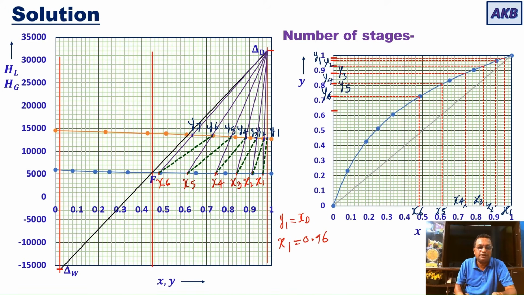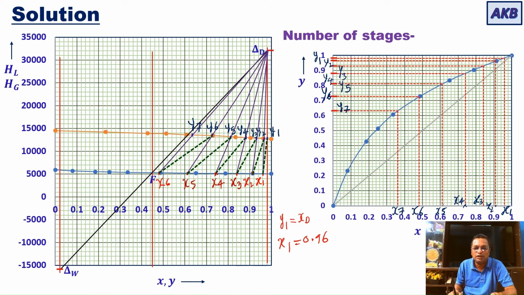With this Y7, which is 0.63, I will come back to the distribution diagram and look at Y7 over here. Now let us get the corresponding X7 that is in equilibrium with Y7. This comes out to be 0.36. So this is X7, 0.36.